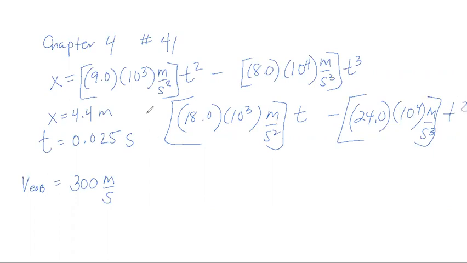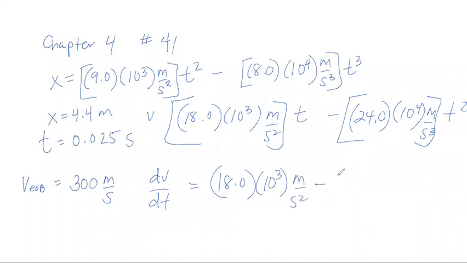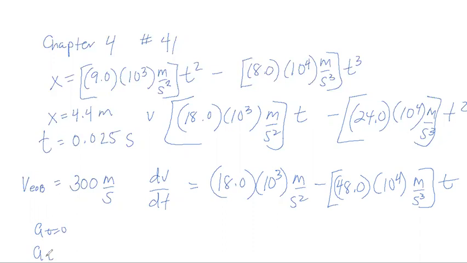Now dv/dt is going to be 18.0 times 10 to the third meters per second squared minus 48.0 times 10 to the fourth meters per second cubed times t. So a at t equals 0, and a at t equals 0.025.